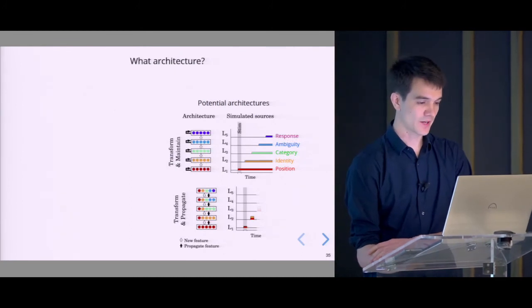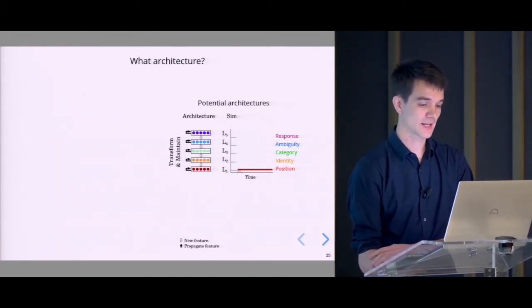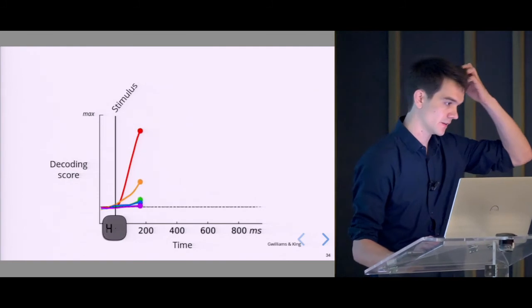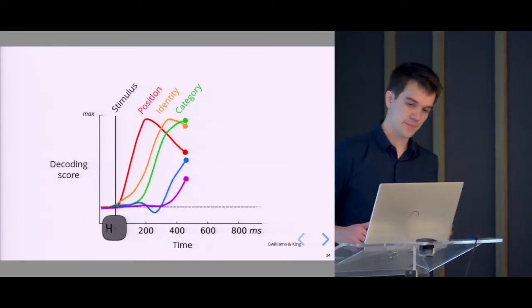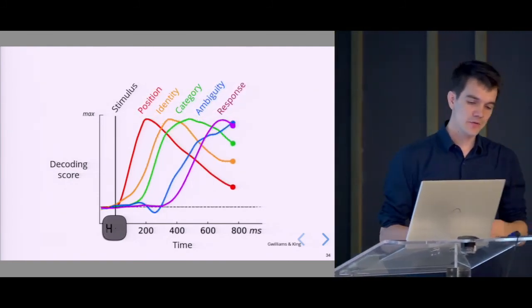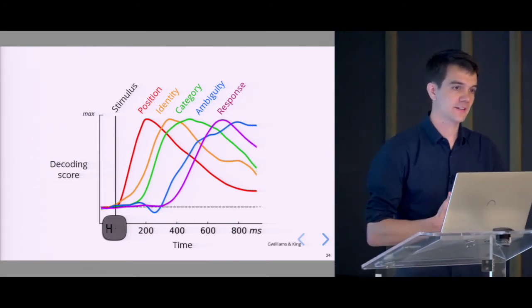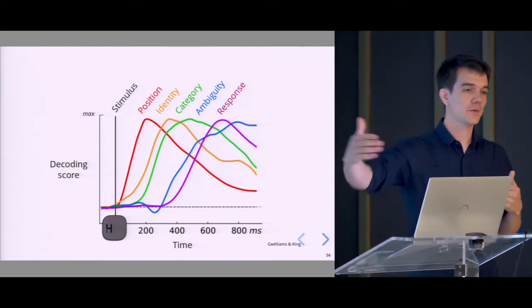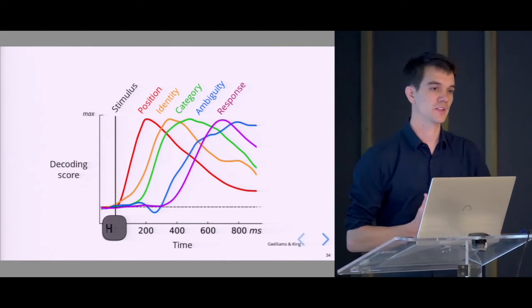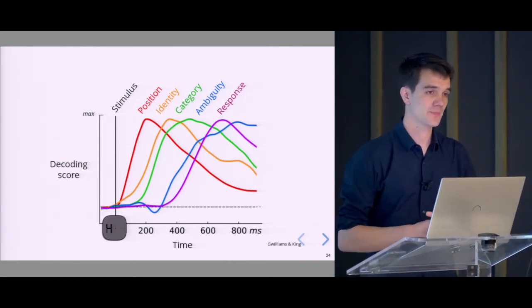Okay, so the classic view, perhaps for the audience, is that there are a number of people who have data that suggest strongly that the feed-forward is sufficient for a number of key visual processing.